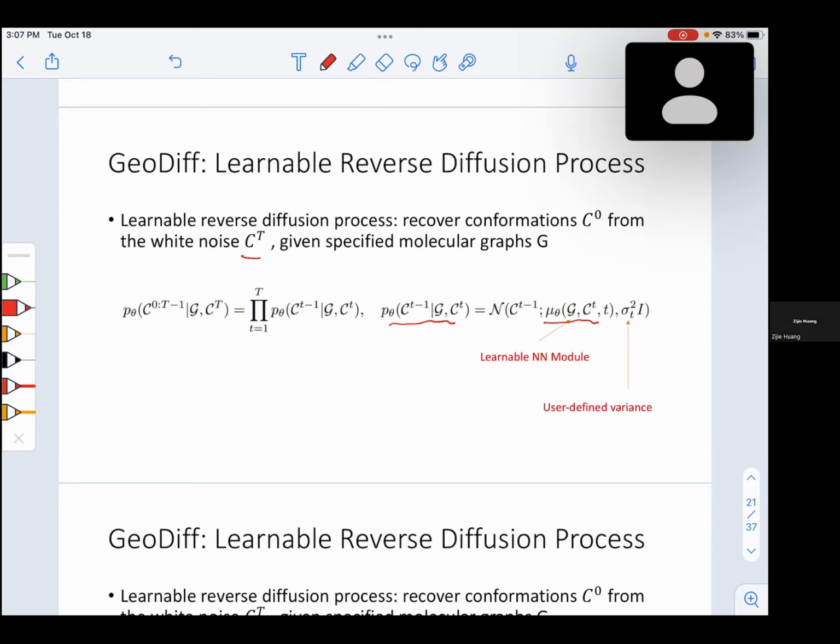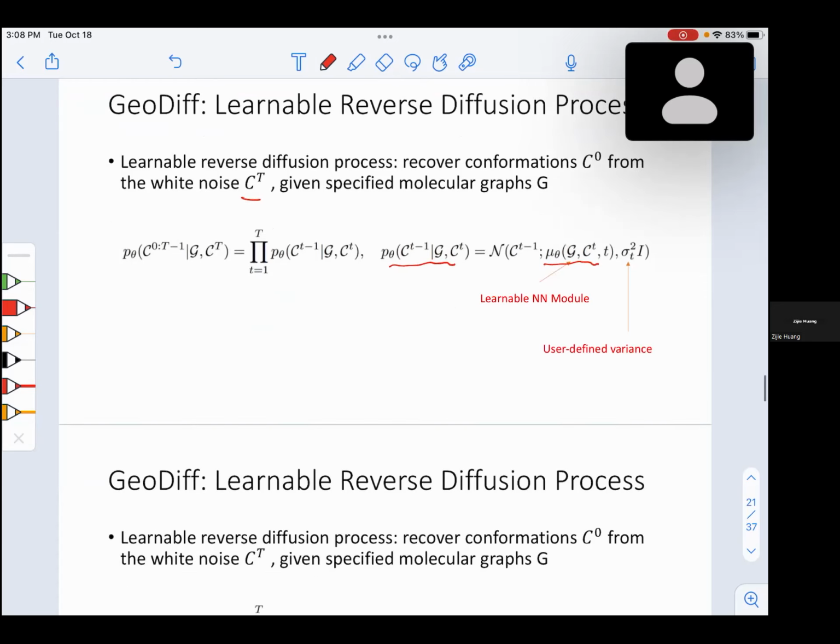This mu theta is a learnable module, and this sigma t squared can be any user-defined variance. The key challenge lies in how to make this procedure follow the equivariance constraints.